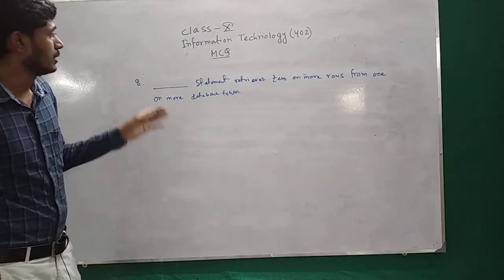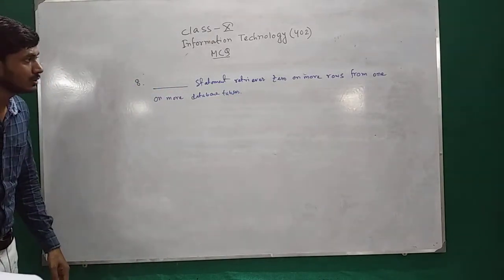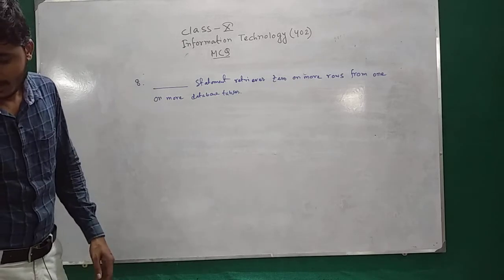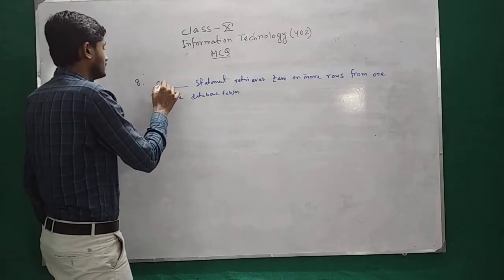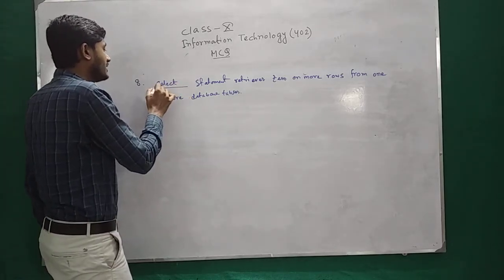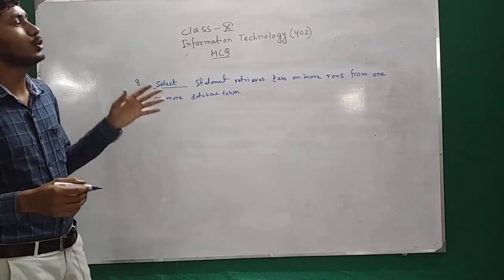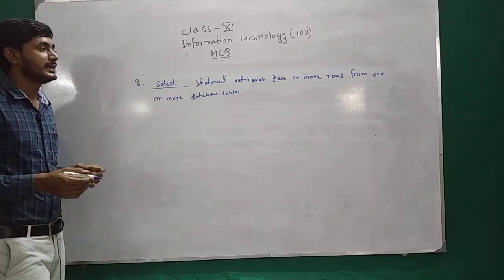So which statement retrieves 0 or more rows from one or more database tables? The answer is select. So select statement retrieves 0 or more rows from one or more database tables.